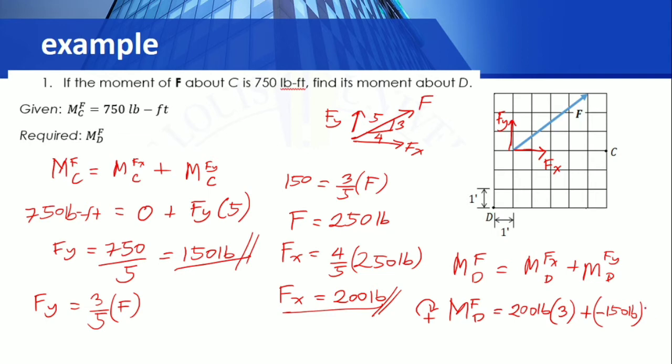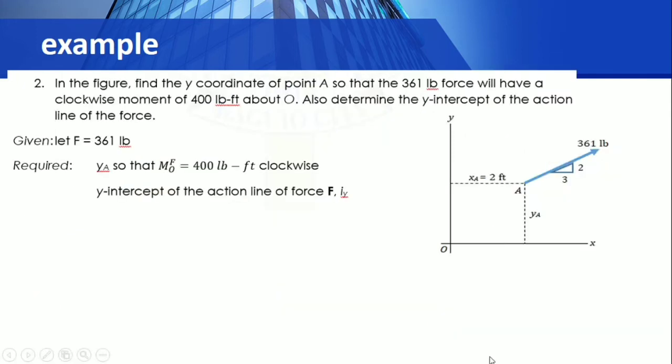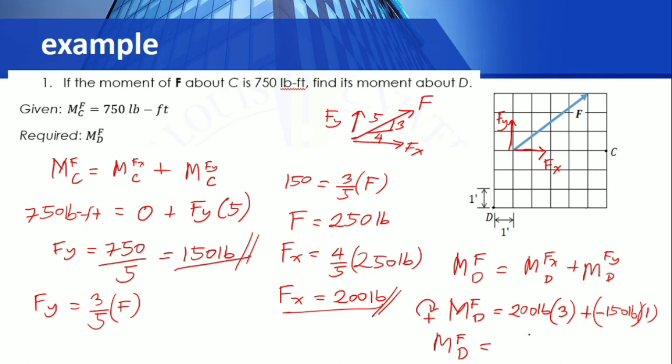So, that will be 1 feet. Okay? So, compute for the moment of the force about D. So, moment of force about D is equal to 450 pounds feet. Okay? Pounds feet pala, hindi per feet yan. Okay? Kasi moment.